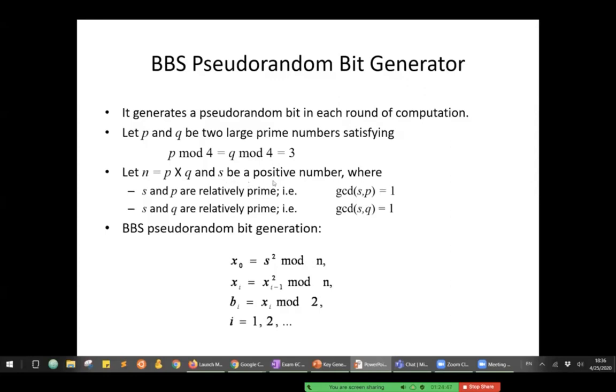And let S be a positive number, which is the initial seed value, such that S and P are relatively prime, which means that the greatest common divisor of S and P is 1. For instance, let's say P is 11 and Q is 23.